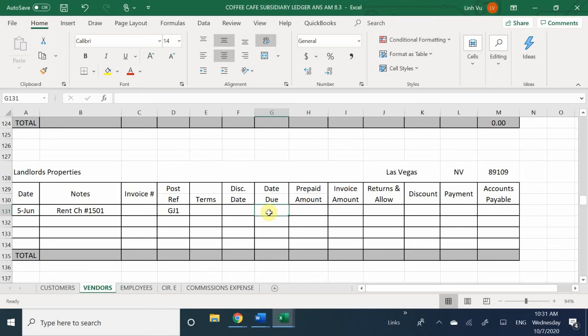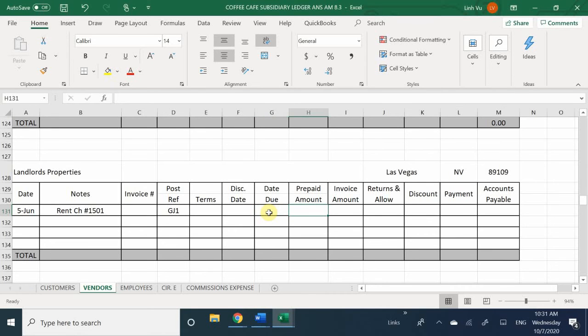Is it on the last day of the previous month? So whatever your contract says, this area right here says due date can be something that you can utilize to help you manage your bills a little easier. But in this case, I'm going to ignore it because we did not have a due date in this one, because we're paying these every single month, or we've already paid it for every month.